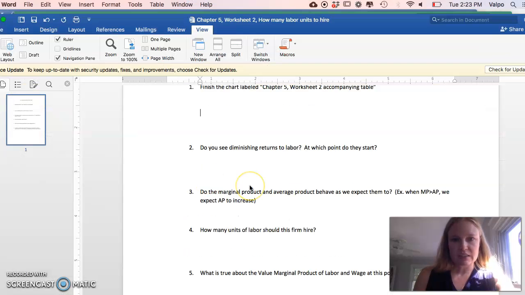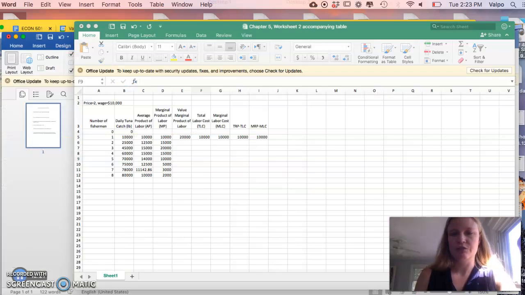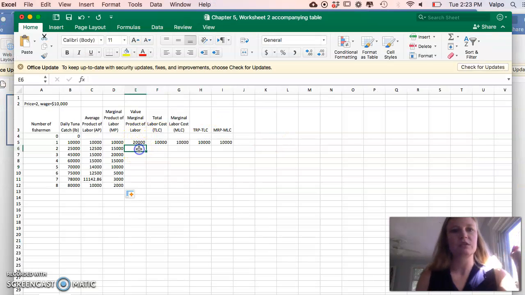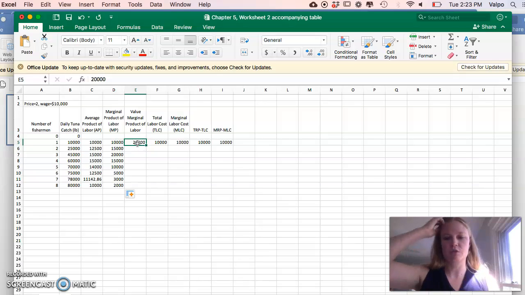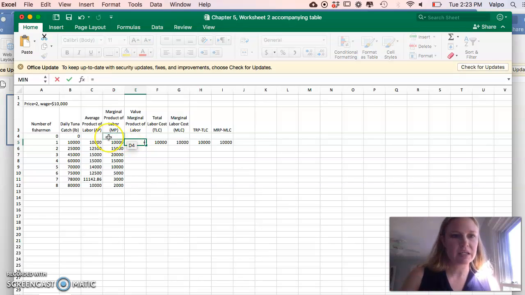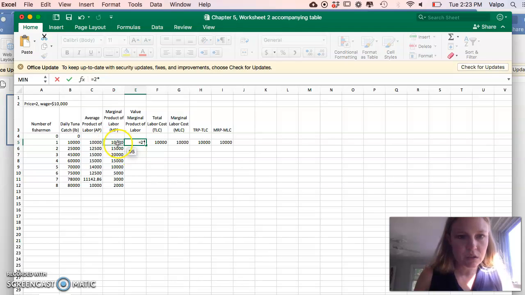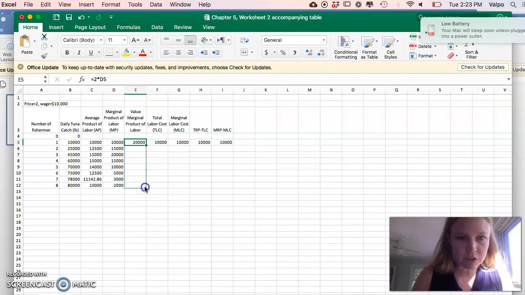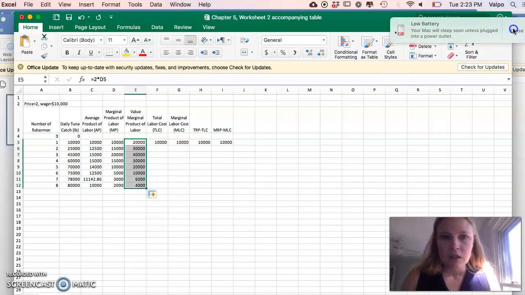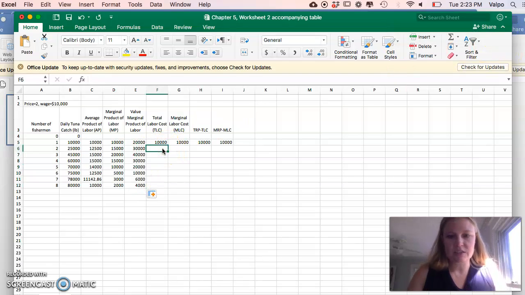All right, so then I say, how many units of labor should this firm hire? So what we need to do is calculate the value marginal product of labor. So you take the price of 2 times the marginal product of labor, and we've got the value marginal product. Total labor cost is just $10,000, so we can just copy and paste.